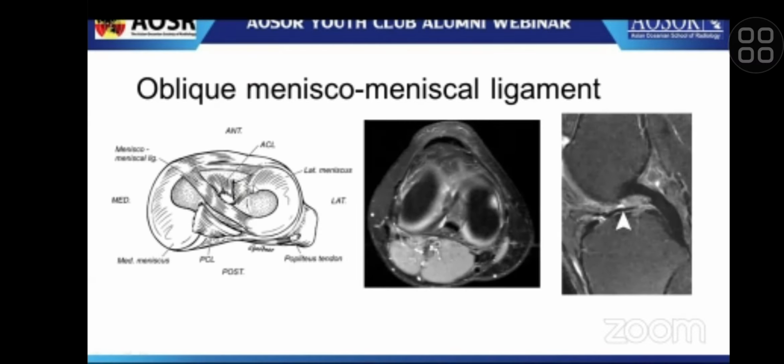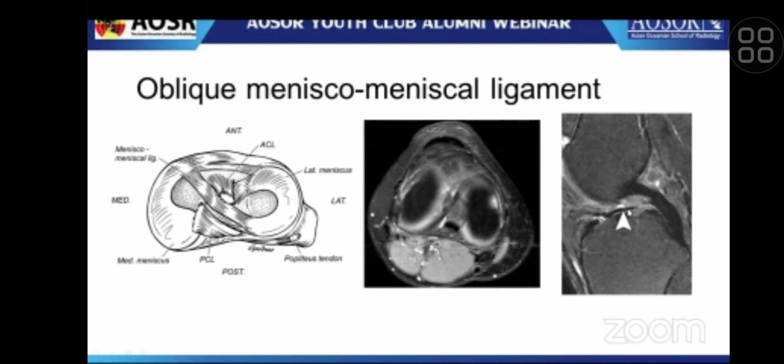The next ligament is the oblique meniscal ligament. It starts at the posterior horn of one meniscus, goes through the central portion of the tibia, and attaches to the anterior horn of the other meniscus. The attachment at the anterior horn gives it its name. If it attaches to the anterior horn of the medial meniscus, it's called the medial oblique meniscal ligament.